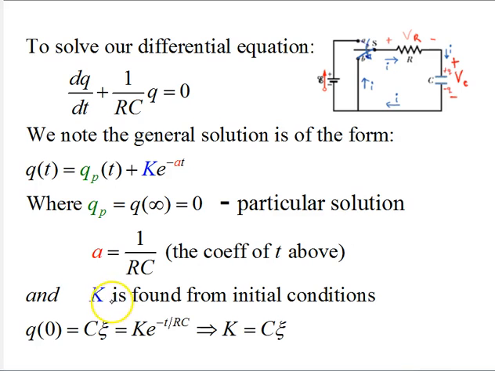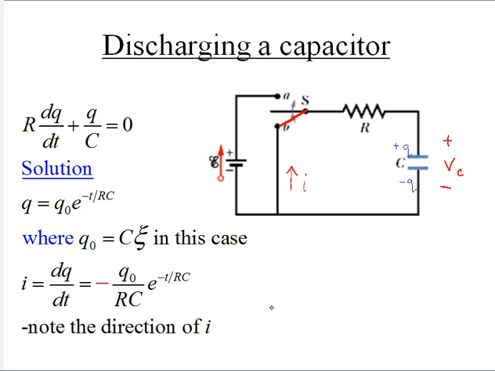When we use our initial conditions to solve for K, we get that our Q of 0 is C times the EMF, K e to the negative t over RC, so our K is just equal to C times that EMF voltage. So when we go to solve this differential equation, we get the charge is our Q naught, that initial charge, times e to the negative t over tau, where Q naught in this case is going to be the capacitance times the voltage across the EMF device.